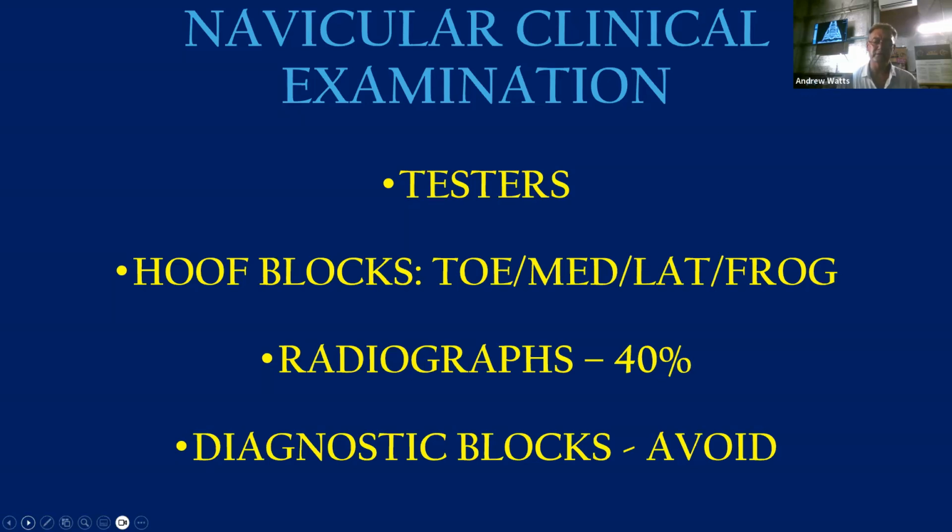Diagnostic nerve blocks: we tend not to use them in our scenario, as the horses are often referred to us from multiple different veterinarians, so we've pretty much localized where the lameness is. We tend to avoid nerve blocks because we have a farrier facility here. So we'll shoe the horse according to the radiographs and then reevaluate the horse.